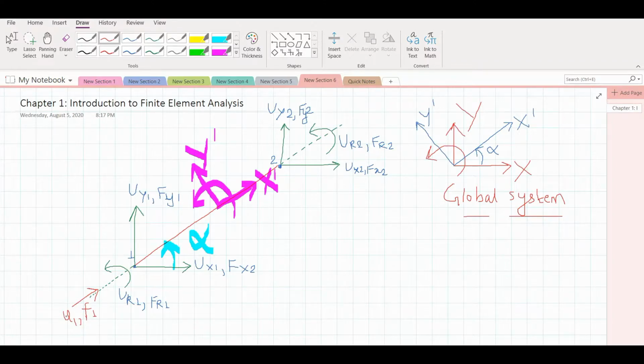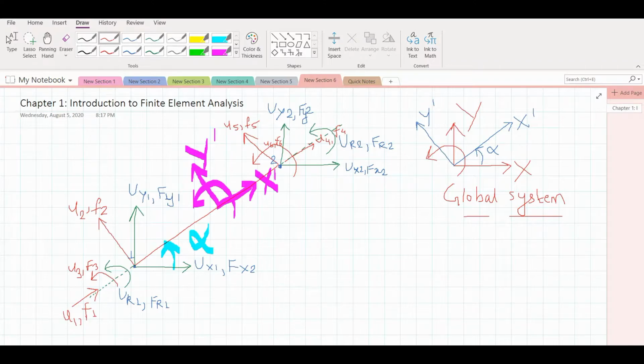So we can label this one as u1 f1, and this one can be u2 f2, and this rotation can be u3 f3. Similarly, u6 f6. Now we have 6 degrees of freedom.